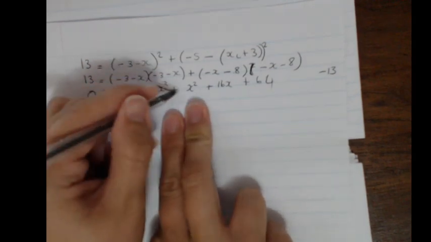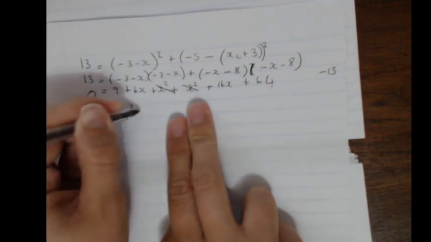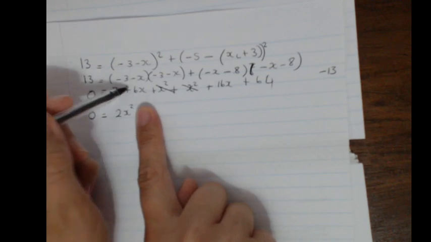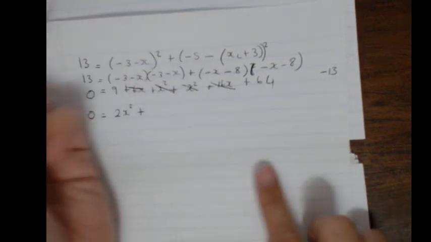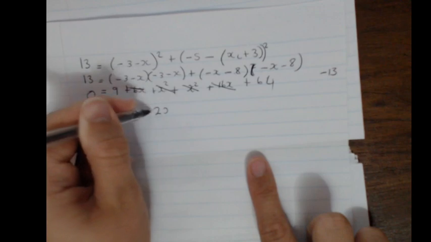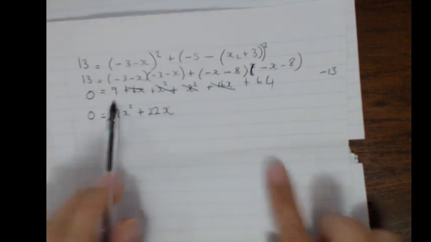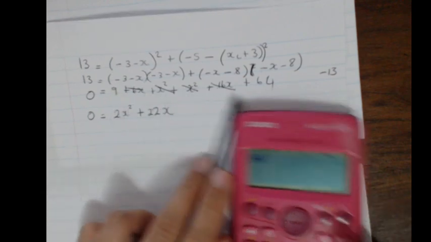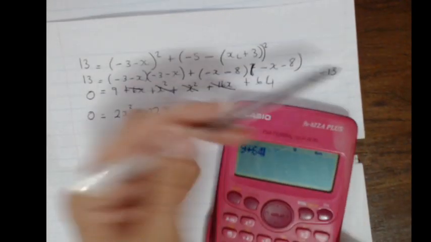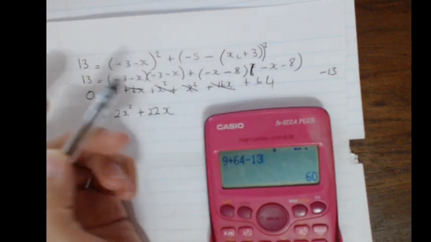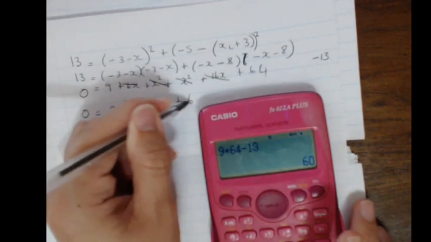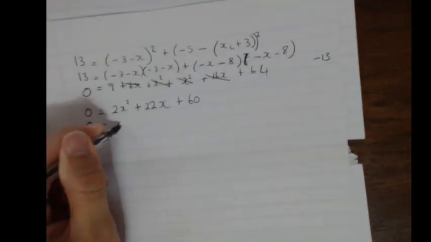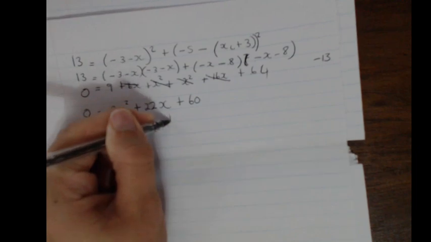There's x squared and x squared, so 2x squared. And then the x's, 6x and 16x, that's 22x. And the numbers, I'm just going to quickly use my calculator, 9 plus the 64 minus the 13 is 60. Let's just quickly divide this by 2. So I have x squared plus 11x plus 30.